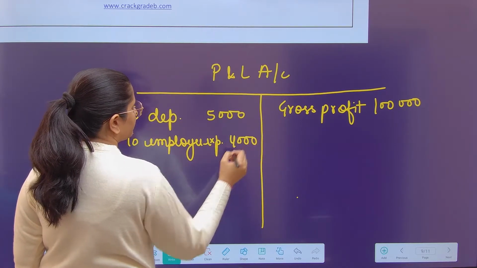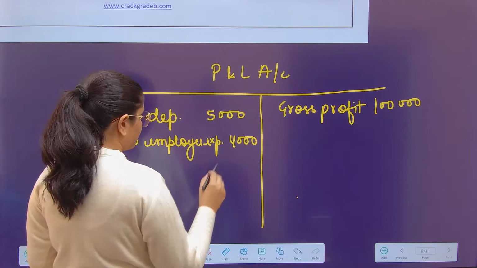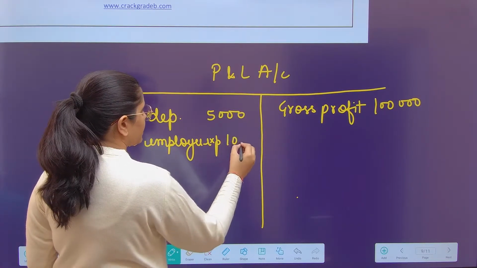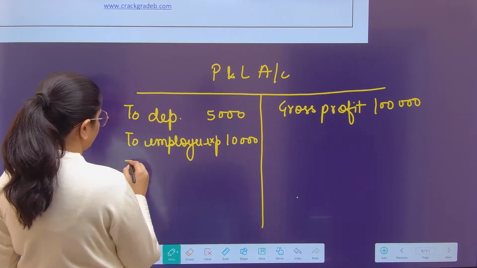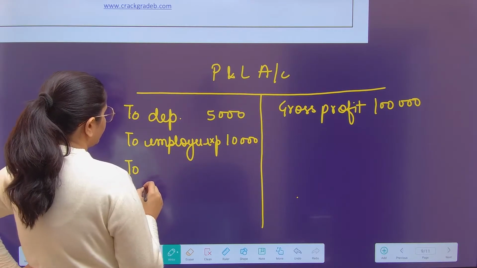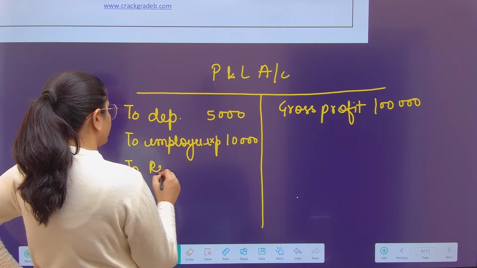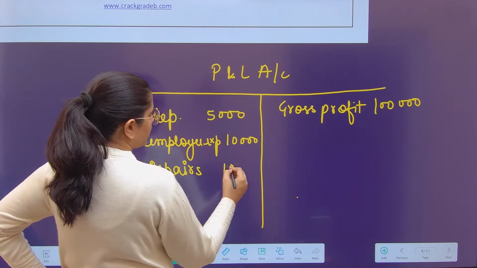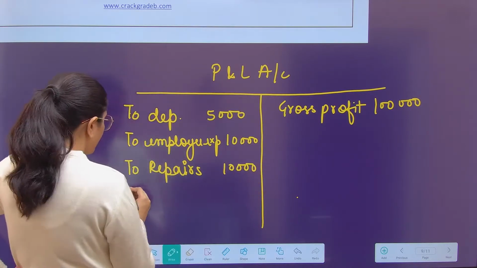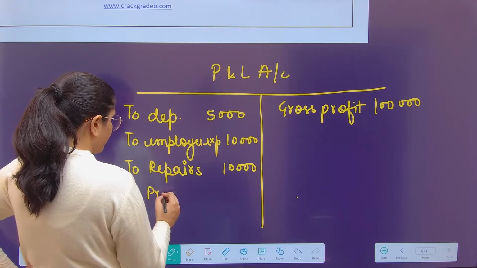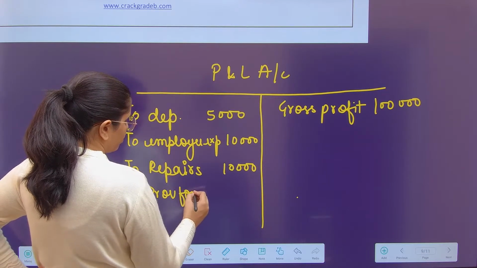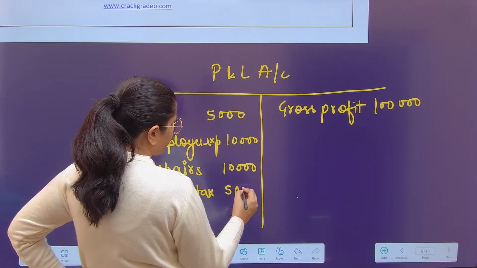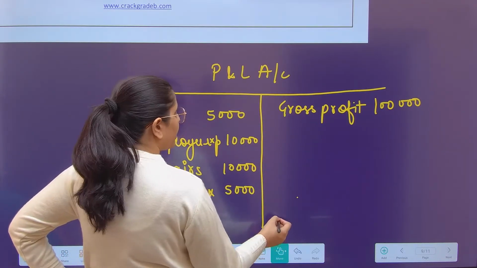Employee expenses 10,000. Repairs, you incurred some amount on repairs, 10,000. Then you have made a provision for taxation because you know that you need to pay a tax. So this current year you have made a provision for tax of 5,000, right?